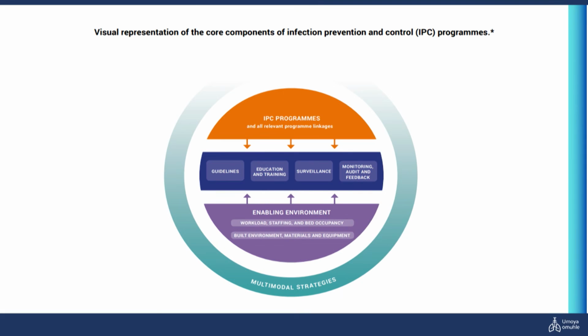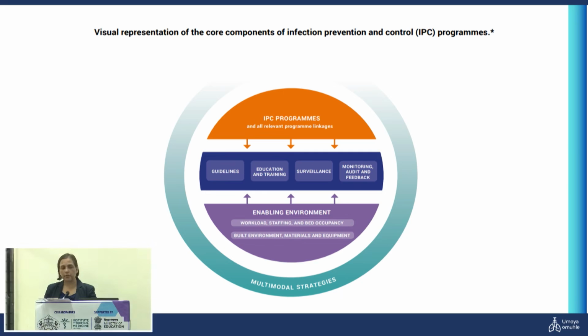Now, basically what we said is that the core components of IPC programs, according to the WHO, they talk about guidelines, education, training, surveillance, and they talk about this idea of the enabling environment. So what is the environment that will support adherence to IPC guidelines? This is a general IPC guideline. And they talk about workload, staffing, bed occupancy, built environment, materials. So these are very structural.